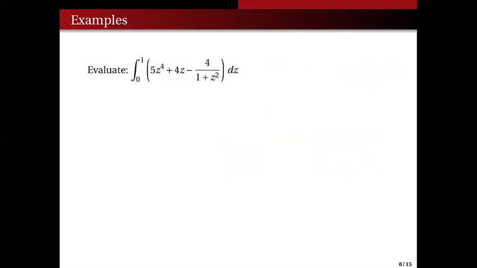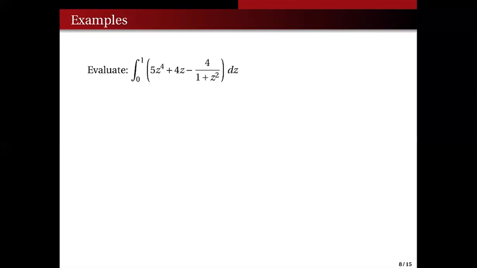Next problem here. So in here, we have a definite integral. So integral from 0 to 1 of this expression here. So 5z to the 4 plus 4z minus 4 over 1 plus z squared dz. Okay? So what do we do? We can look at the indefinite integral first.